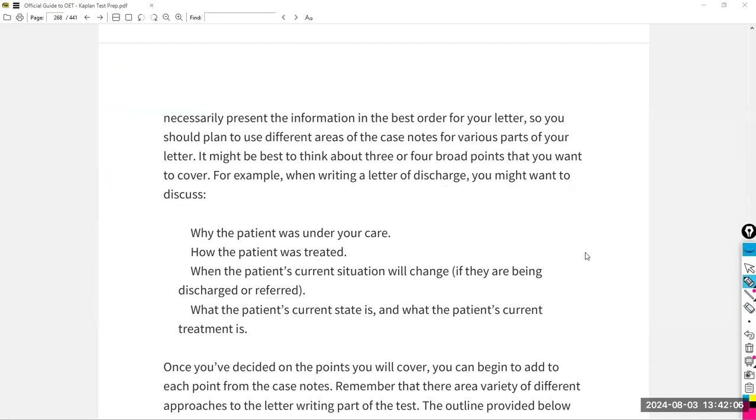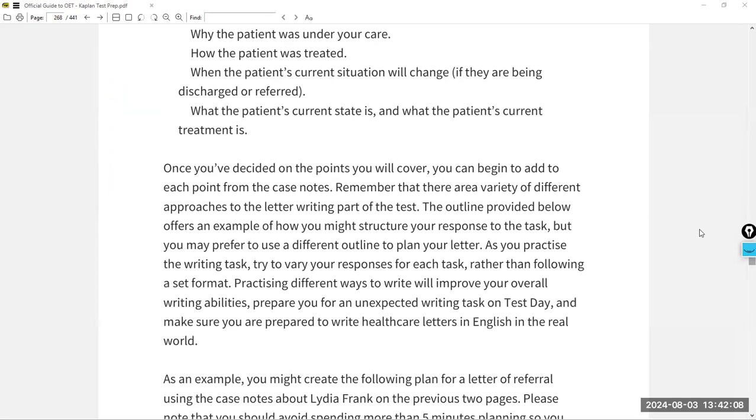So, once you've decided on the points you will cover, you can begin to add each point from the case notes.